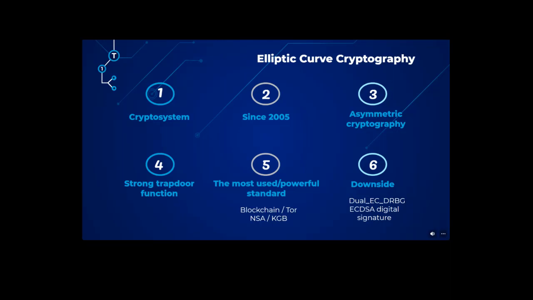Also, what we have to know is that it's not all roses in the world of elliptic curve cryptography, while it has some downsides, like in Dual Elliptic Curve Deterministic Random Bit Generator, which is a generator system of a large number, which will be used in the private key. It was discovered that this large number could be predicted by, let's say, black hat hackers if they have the private key.